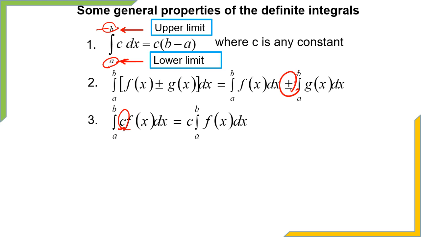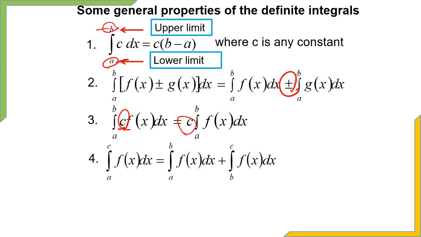This constant is just a coefficient, so we can factorize it out. And then for integration of f(x) from a to c, we can find it by separating into two intervals: the integration of f(x) from a to b and then adding from b to c, where b must be in between a and c.